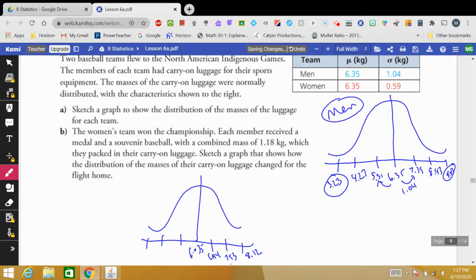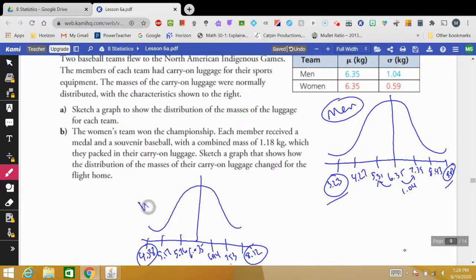And then subtracting, I have 5.76, 5.17, and 4.58. So the women's luggage weighs anywhere between 4.58 kilograms and 8.12 kilograms, whereas the men was 3.23 to 9.47.